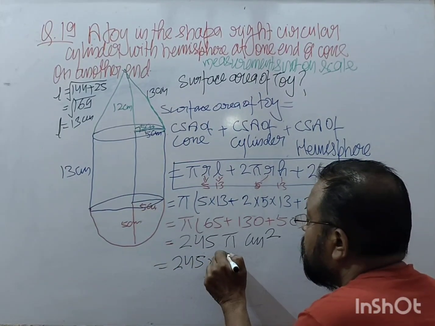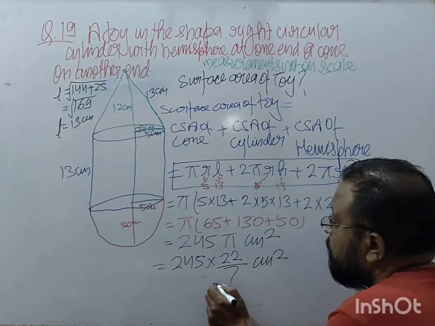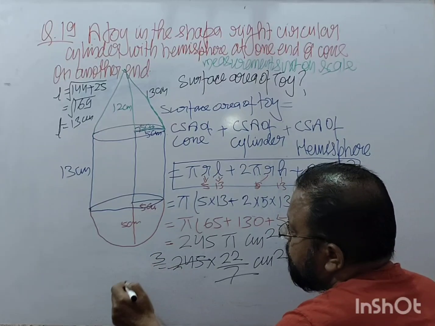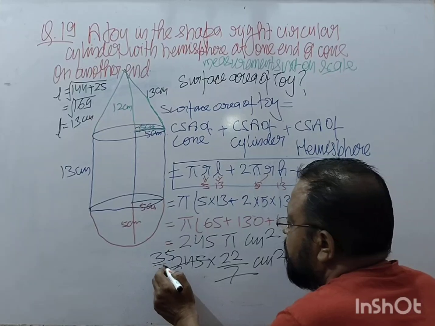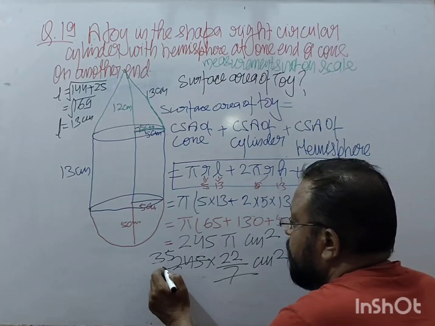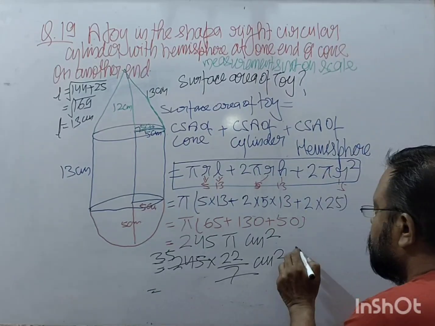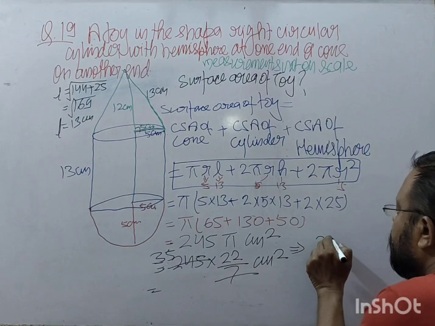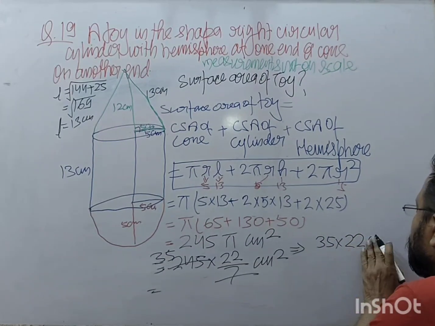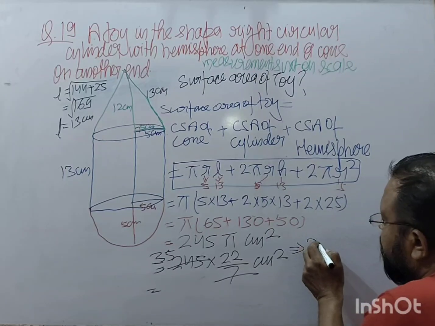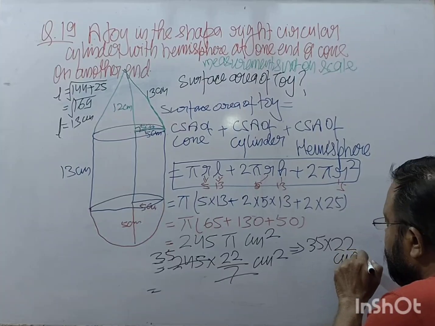So 245 into 22 upon 7 centimeter square. This is 3 times 21, 5 times. So you get 35. So 35 into 22 centimeter square.